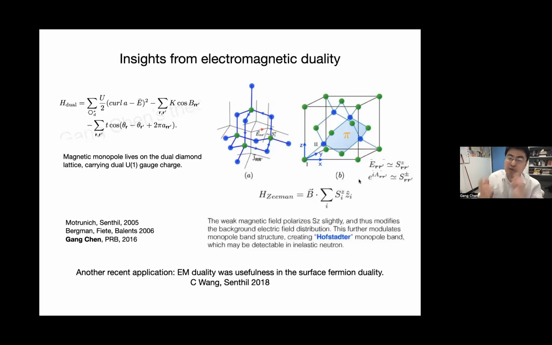So you are doing the same experiment as you always do for thermal Hall measurement, except the way your applied magnetic field influences the internal emergent degrees of freedom is very different, right? So that's the key. The role of the magnetic Zeeman coupling is quite different for different spin liquids, right?